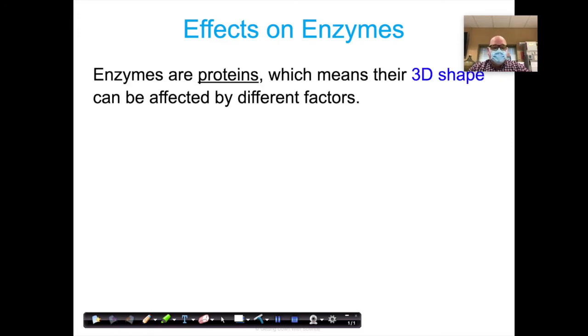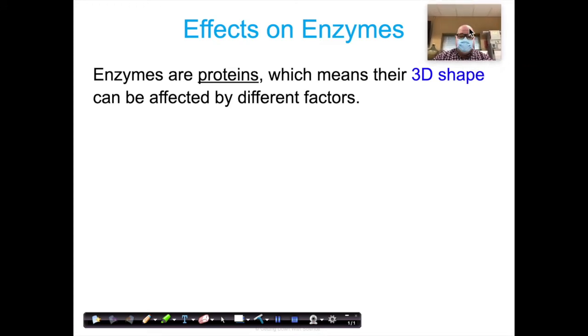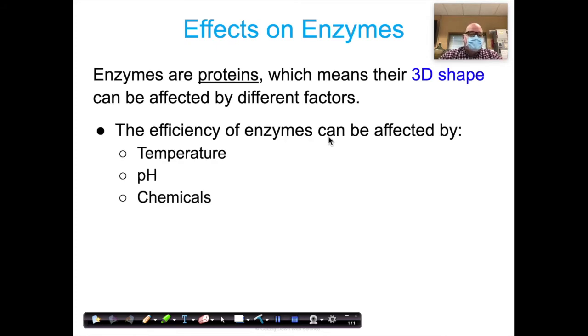Okay, so you should know by now that enzymes are proteins and they have a 3D shape, and different things can affect that. When we say that, we usually mean affect their efficiency. Enzymes can be distorted in this 3D shape by temperature.